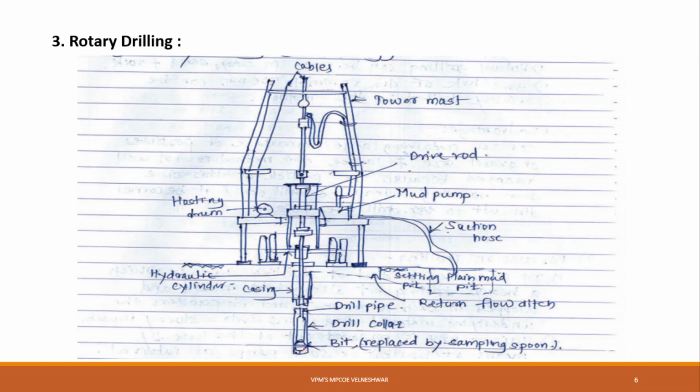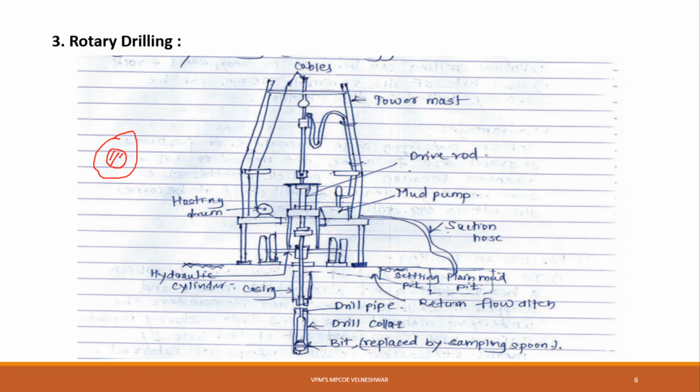The cutting material penetrated is carried out to the ground by the fluid through the annular space between the drill rod and the wall of the hole. Now see here, an annular space is created. The annular space is like a hollow cylinder. See here, this is one circle, and this is the hollow drill pipe.